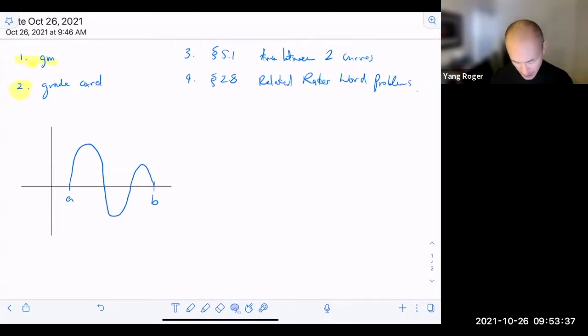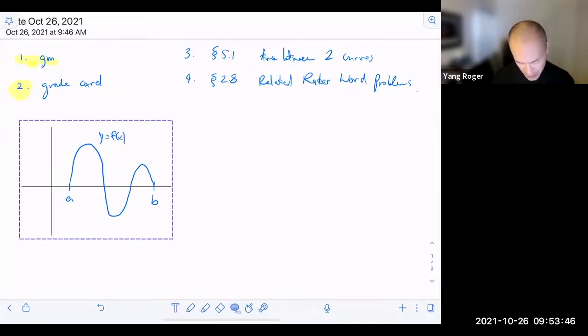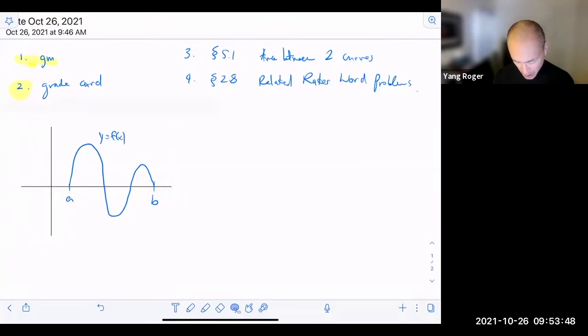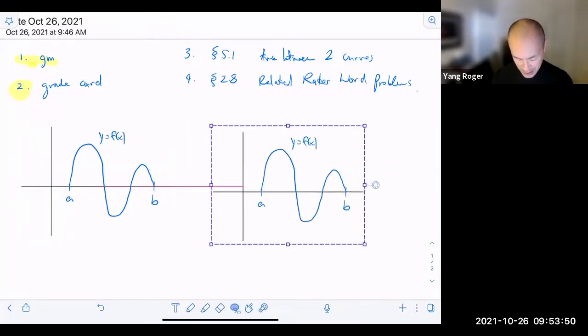Okay. And I'm going to copy that picture. This is y is equal to f of x. Let's copy that guy. Let's put it over here like this.